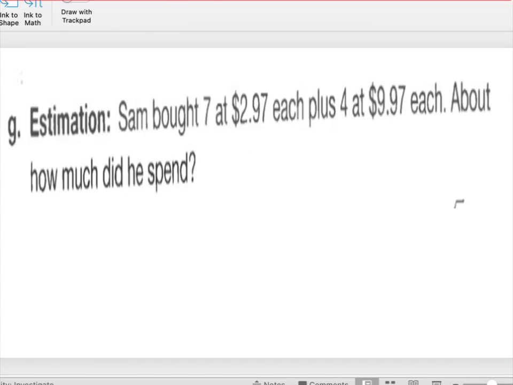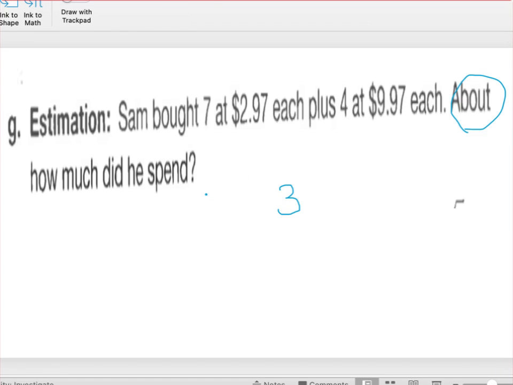Okay, Sam bought 7 at $2.97 each plus 4 at $9.97 each. About how much did he spend? Okay, so since this is an about problem, we're going to estimate, and $2.97 is real close to $3.